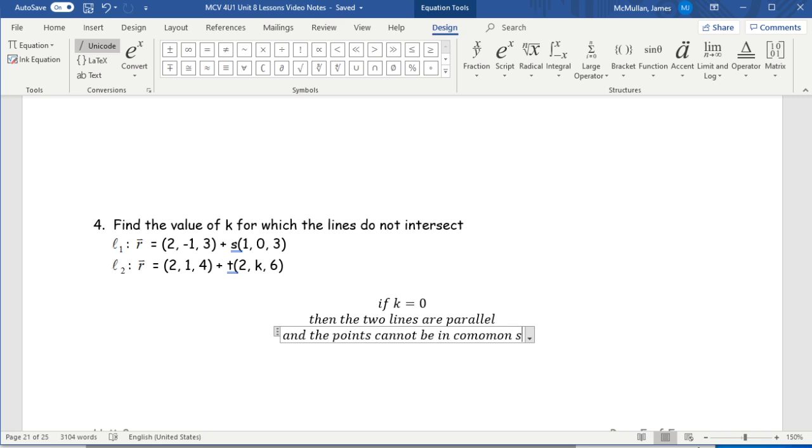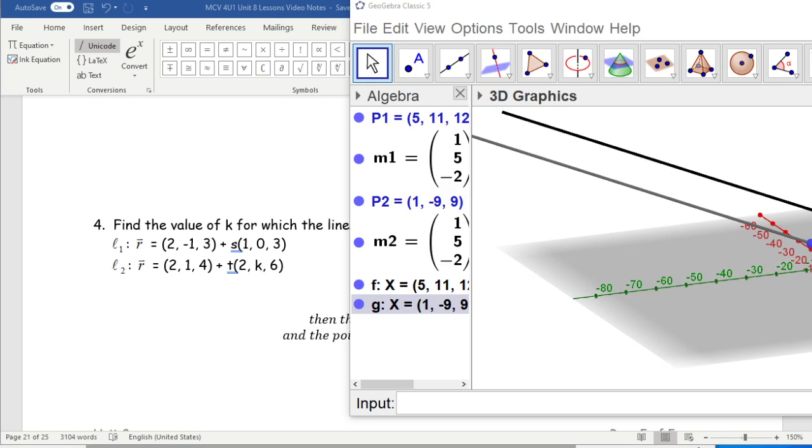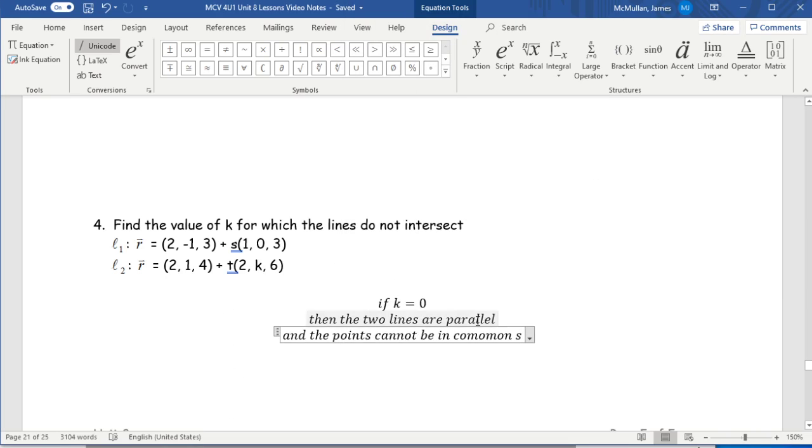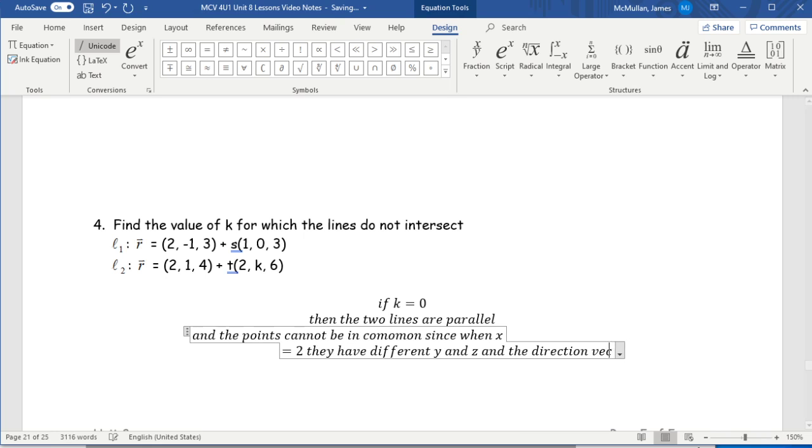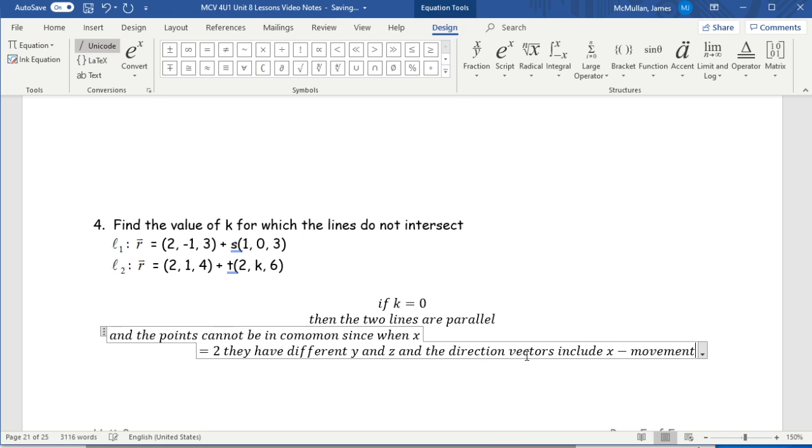Can I say this? Let me pause and think about this for a sec. I was going to say the points cannot be in common since when x equals 2, they have different y and z, and the direction vector includes x movement.